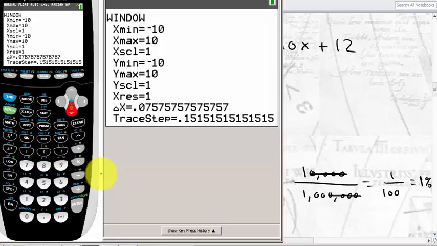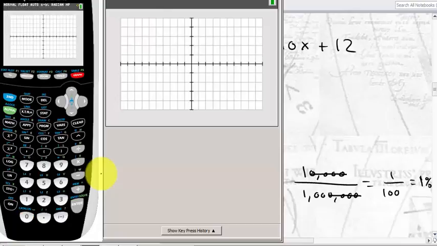Let me not change my x min, x max, but for y min, y max, I would like negative 50 and 50 right here. Let me also change my y scale to maybe 10. I don't want too many tick marks on the y-axis. So let's look at the graphs now. Here's f, and here is g. Now these two graphs do not look alike, right?